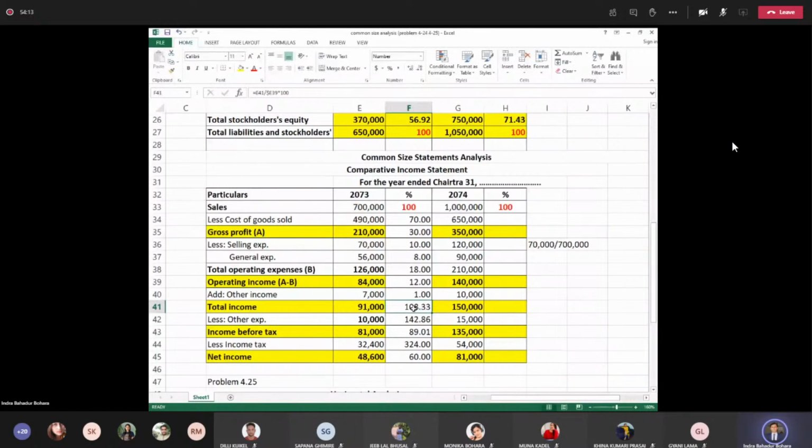It is 1%. And 91,000 divided by 7 lakh, 13%. Less other expenses, 10,000 divided by 7 lakh, 1.43%. And net income before tax is 81,000 divided by 7 lakh.